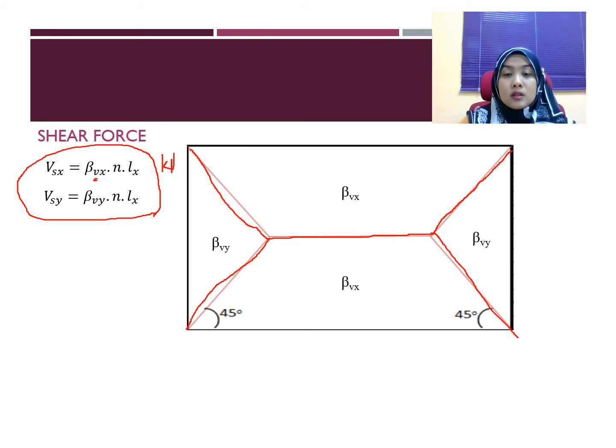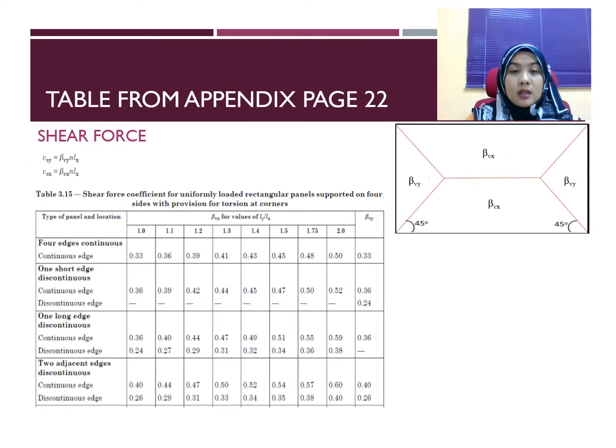The trapezoidal side is for beta Vx and the triangle side is for beta Vy. Based on the table from appendix page 22, here is for beta x and here is for beta y. You need to substitute the value based on this table, depending on your case. For example, let's say we have case number 4 and our Ly over Lx is 1.5. So we have these values for beta Vx.